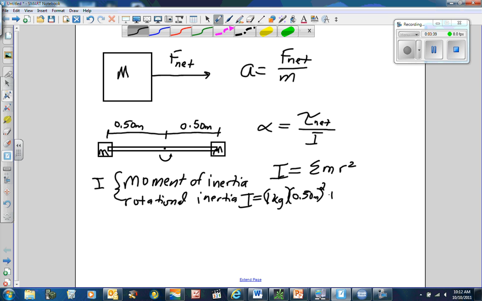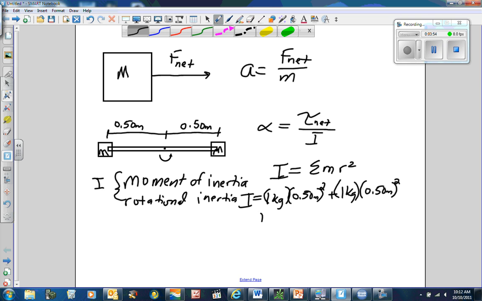I have another one I'm going to add. That's what the sigma means, add. It's going to be 1 kilogram. Does it have to be 1 kilogram? No, I can put a 2 kilogram mass over there. In this case, I've got two 1 kilogram masses, both 0.5 meters away from the pivot point.